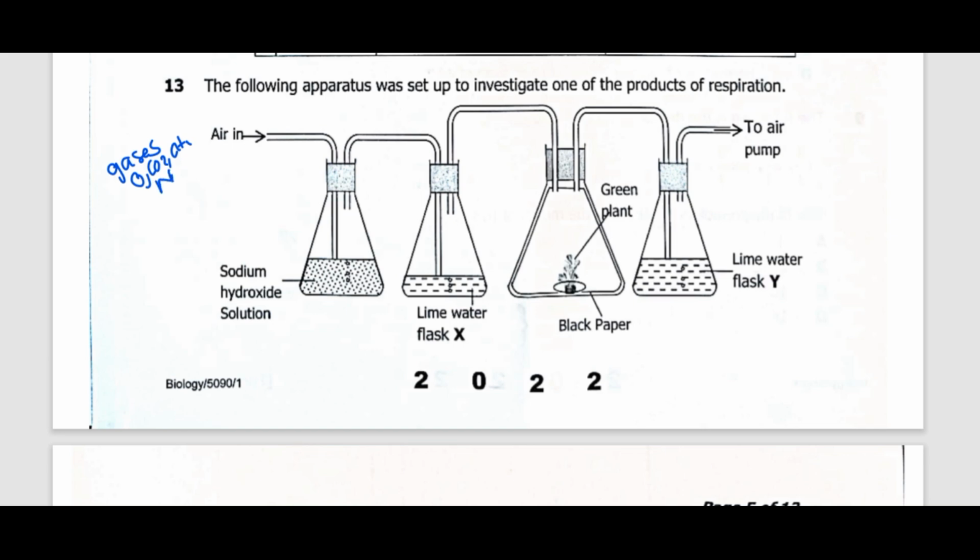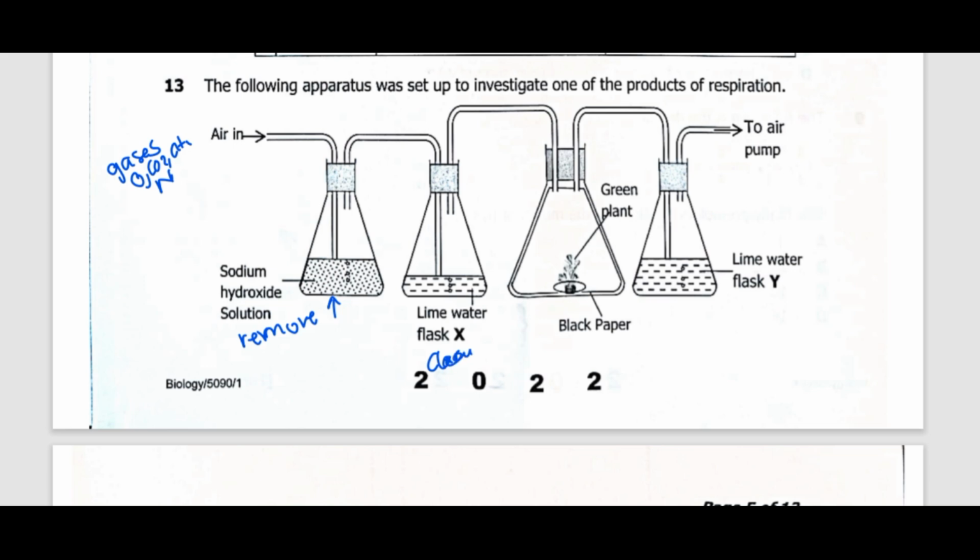So what is the use of putting sodium hydroxide in this first flask here? The sodium hydroxide is there to remove carbon dioxide from the air. So the air that will pass through flask X will not contain carbon dioxide. Since it will not contain carbon dioxide, the lime water will not change. It will stay clear, so we are going to have a clear solution.